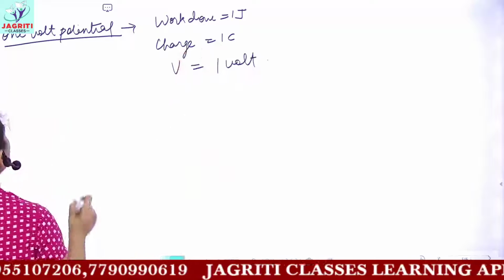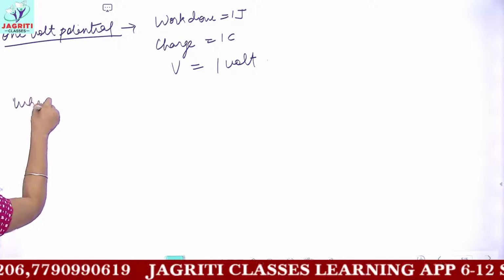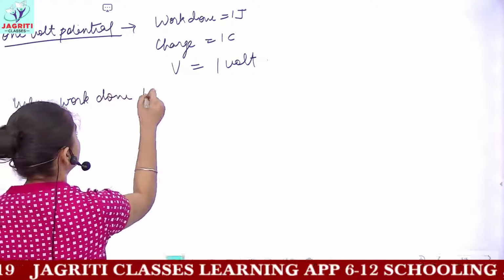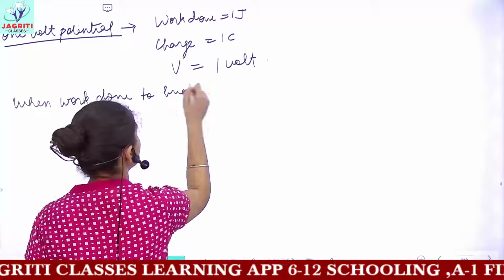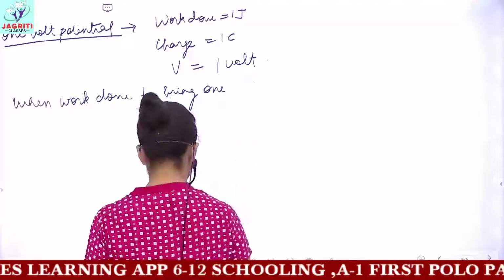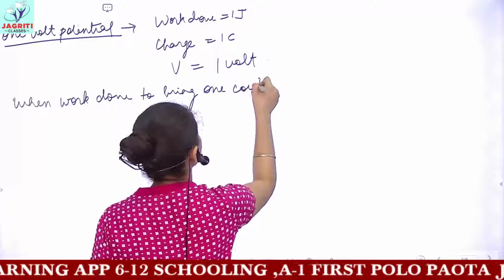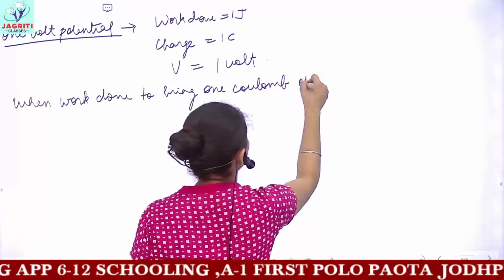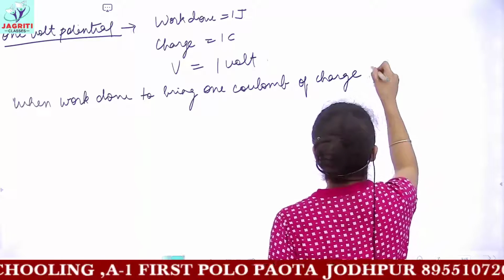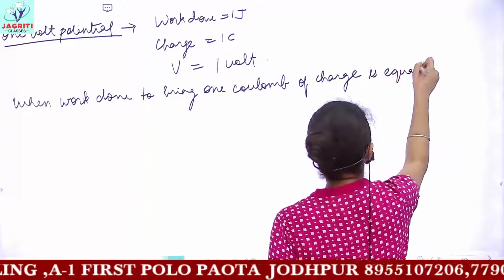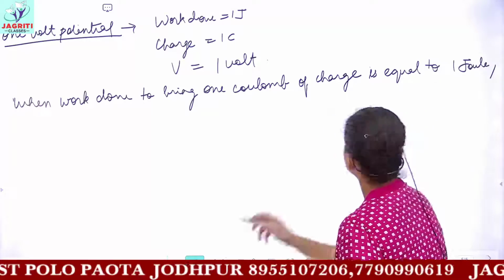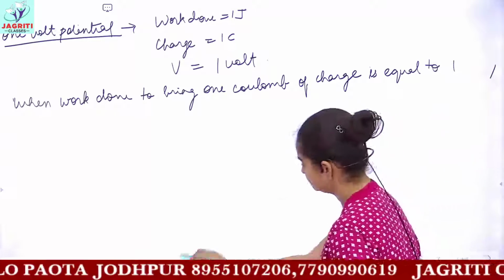And in language we can define that the work done in bringing 1 coulomb of charge is equal to 1 joule.